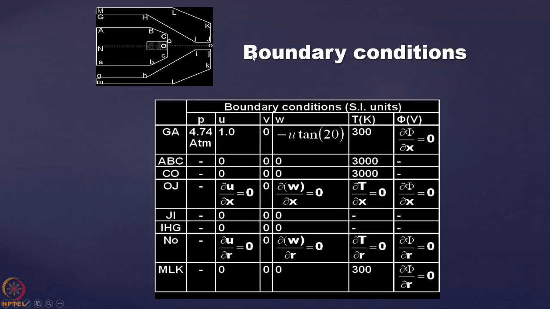So del u by del r is 0 means there is no variation of the axial velocity along the radius at the axis. Exactly at the axis, there is no variation in u along the radial direction. Whenever you consider, say, a Gaussian shape of profile, you will see that del u by del r at r equal to 0 is 0.